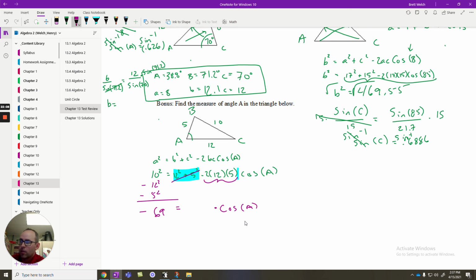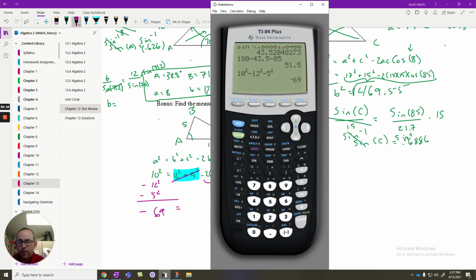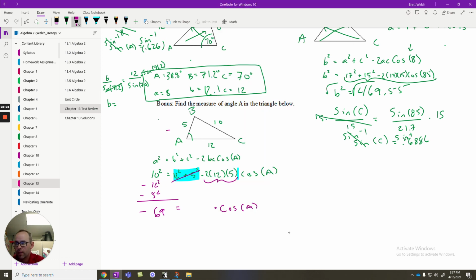So make sure we get a negative here: negative 2 times 12 times 5. That's negative 120. It's really important that it's negative. It should always come out negative. And it's multiplication, so the way I solve for cosine is by dividing by negative 120.